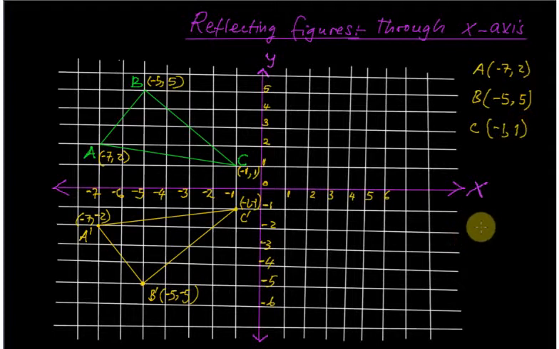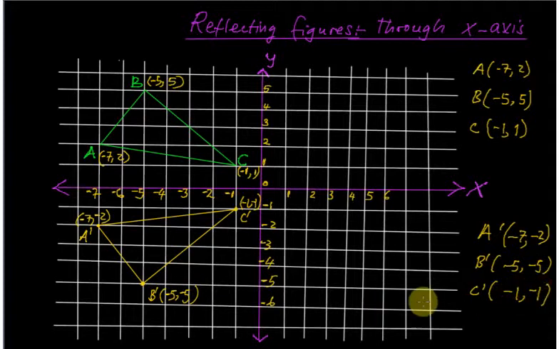Now if you come to A dash down here, A dash is given by -7 comma -2. B dash is given by -5 comma -5, and C dash is given by -1 comma -1.